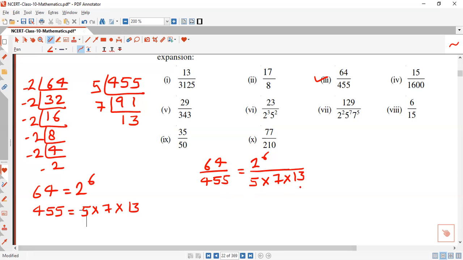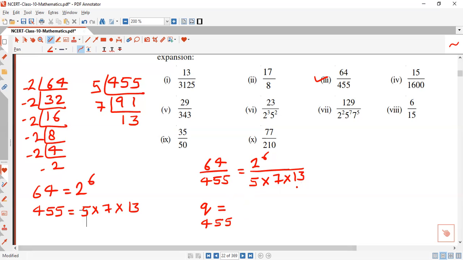Now, look at the numerator and denominator. Q can be written in this form, meaning 455 should be of the form 2 raised to n, 5 raised to m. No, this is not.